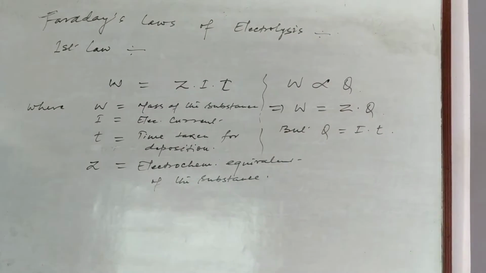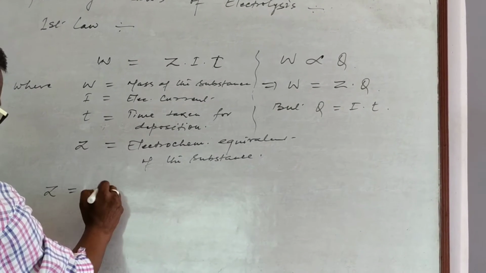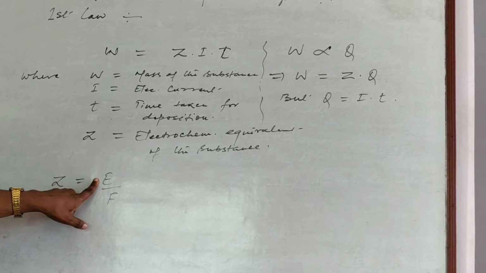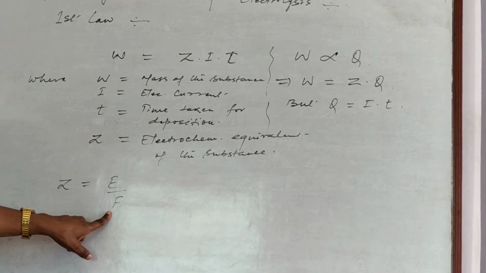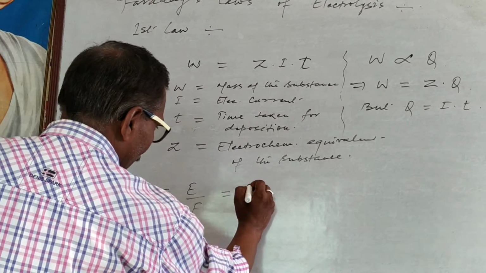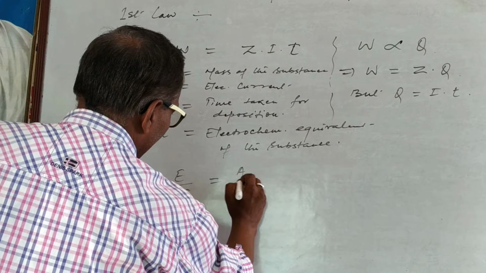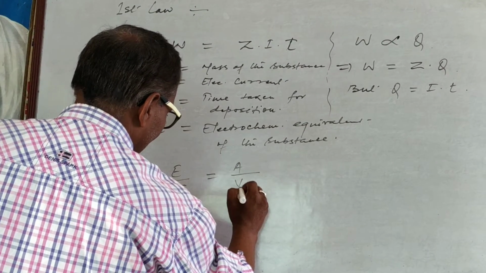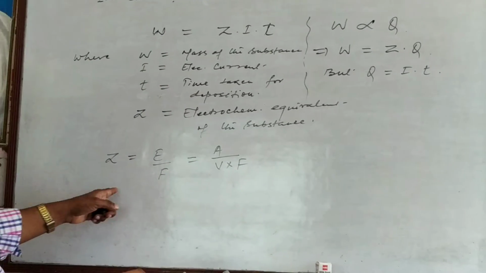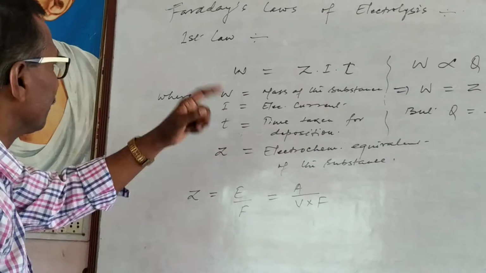Now this Z can also be calculated by the formula Z equal to E by F, where E is the equivalent mass of the substance and F is the Faraday constant. Further, E is equal to atomic mass A by valency V. We can find out Z if it is not given in the question.